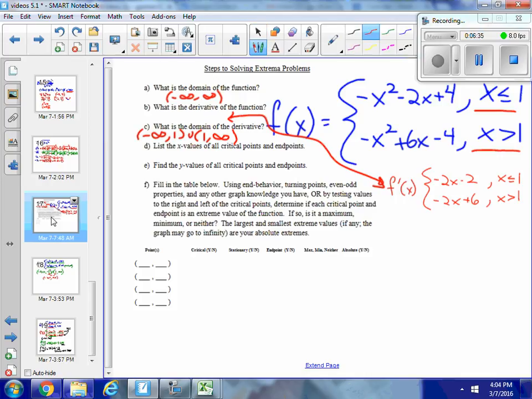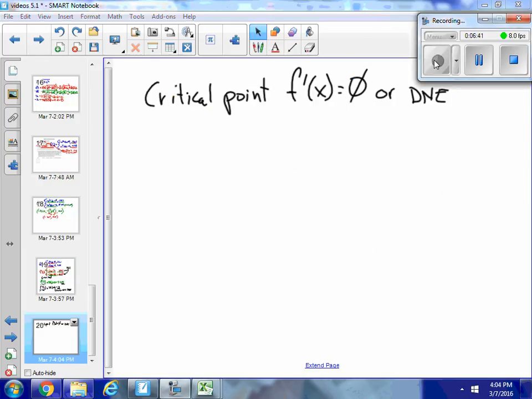So next, I have to find all the critical points and the endpoints, the x values. So a critical point of the function is where f prime, or the derivative, either equals 0 or does not exist. Well, I've already found one point where it does not exist, and that's where x equals 1.